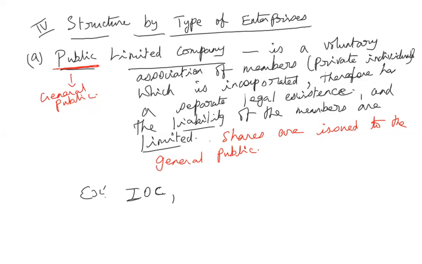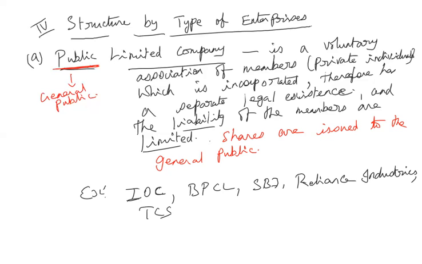Then BPCL, SBI, and we also have Reliance Industries. Reliance Industries is a private sector undertaking whose shares are again floated to the general public. Then TCS. Hope now you are understanding.